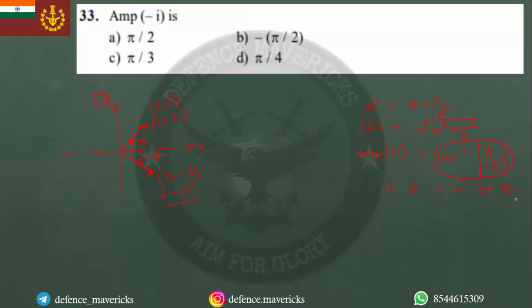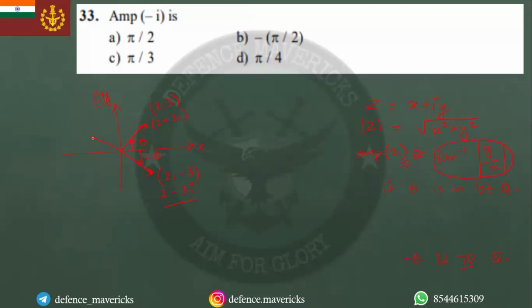That's why I have written that if theta is in first quadrant, ठीक है. So it will be minus theta. तो एम्पलीट्यूड ऑफ z के लिए क्या करोगे? पहले थीटा ढूंढोगे, फिर if it is in first quadrant then answer is directly theta. If theta is in fourth quadrant then it will be minus theta.